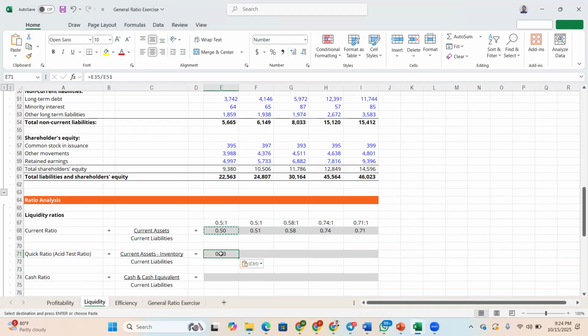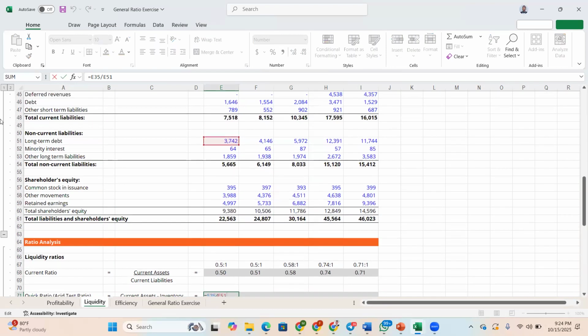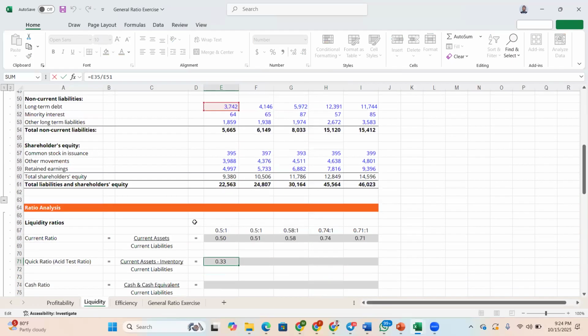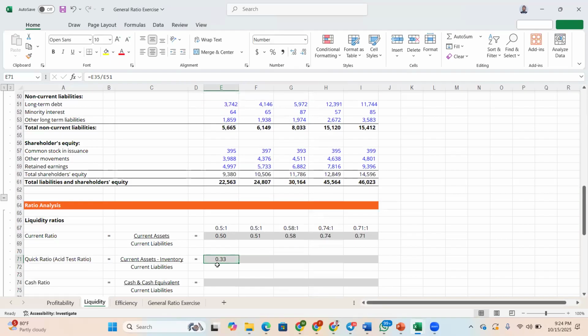It will not copy the current assets and current liabilities. It will copy something else, and I will explain. Yes, it's copying long-term debts. What else is it copying? Investment.